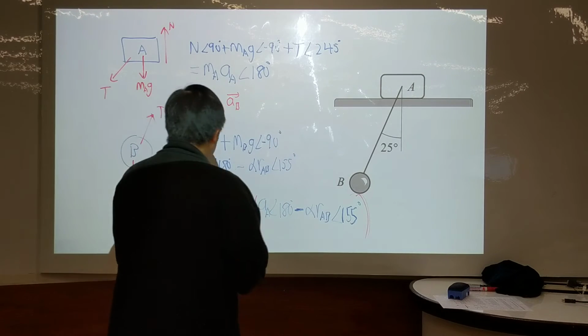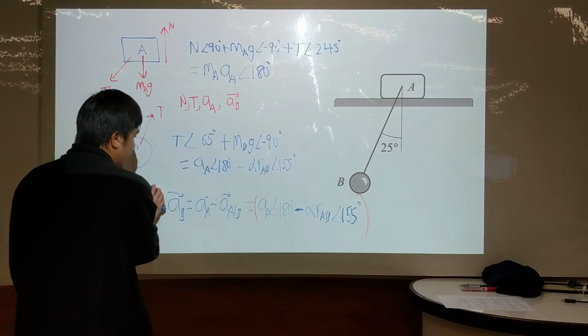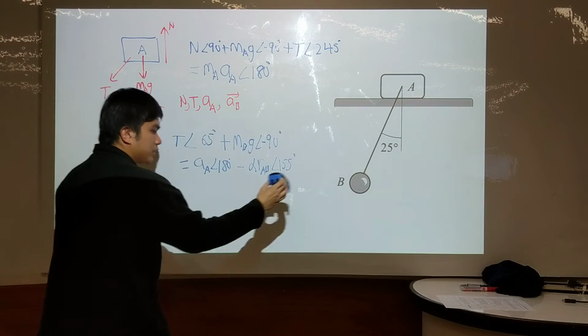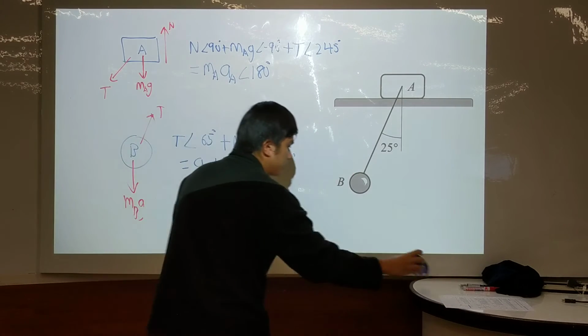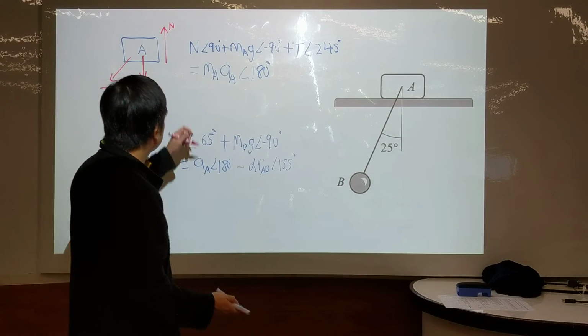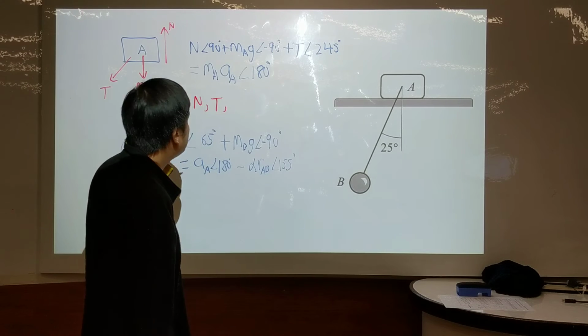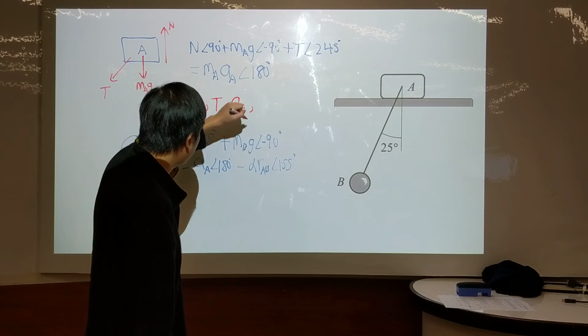Since I already substituted this equation inside here, I can basically ignore this equation anymore because I have already included the terms inside here. So let's take a look and check. What are my current unknowns? My current unknowns, based on both these equations, are the normal force N, tension T, acceleration A magnitude, and alpha.